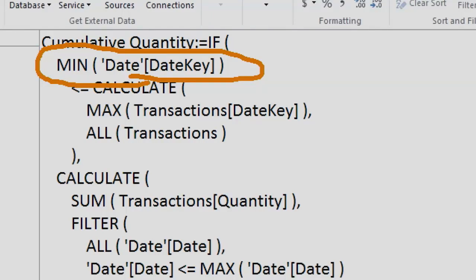But if I have data until April and you select May, you don't want to see anything. You know that there are no transactions for any product, so probably we are in the future, and I don't want to display the quantity in the future.